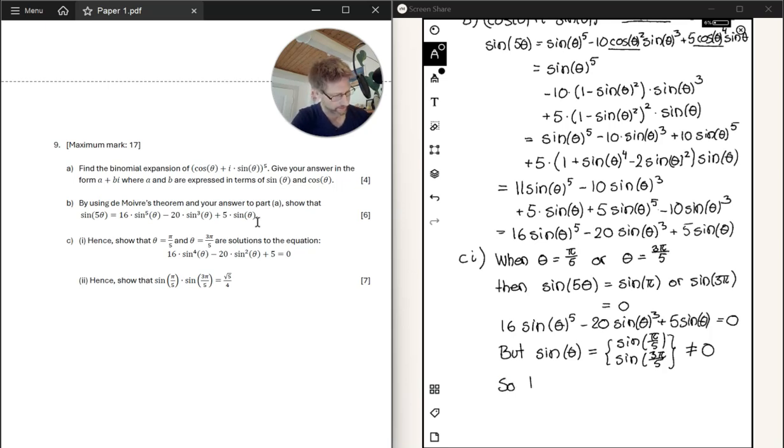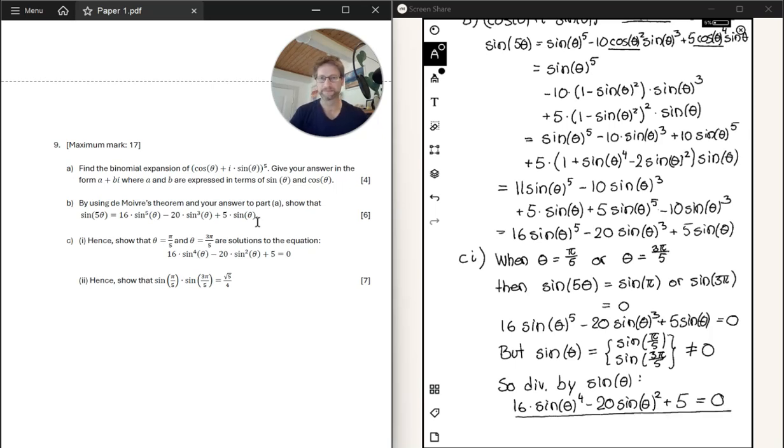So dividing by sine of theta, we get 16 sine of theta to the 4 minus 20 sine of theta squared plus just 5 is equal to 0 divided by whatever sine of theta is. That's still 0.